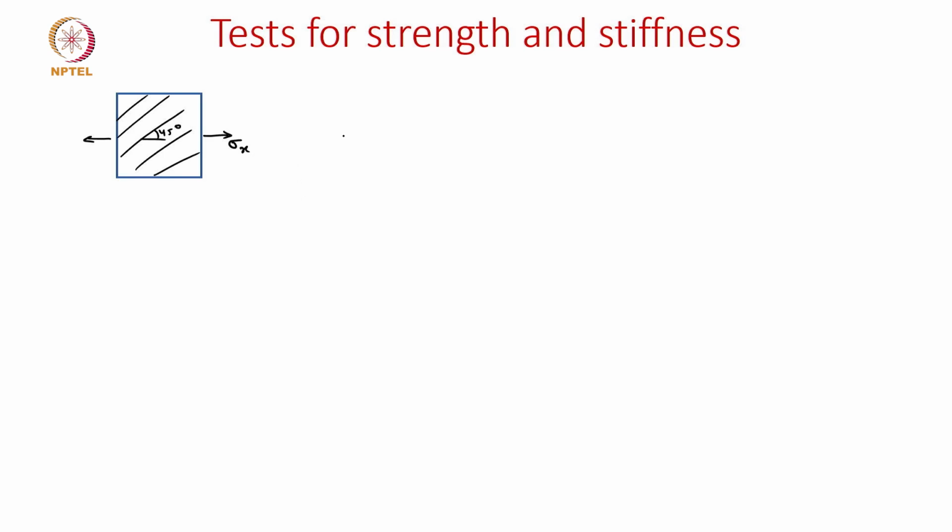So earlier we have shown these stress strain relations. From those relations we can show that 1 by Ex is written as 1 by 4 times 1 by E1 minus 2 nu12 by E1 plus 1 by G12 plus 1 by E2.